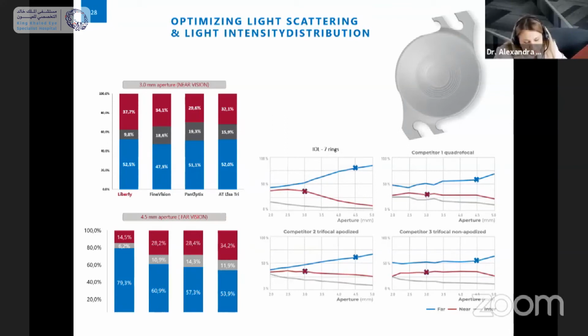But what is very interesting, if you look for far vision, this is the blue. This is here, so approximately 4, 4.5 millimeter pupil aperture. The 7 rings technology gives the maximum amount of energy for far vision, and of course it's quite clear because this part is purely refractive, and when the pupil is open, the patient looks mainly through this refractive part.